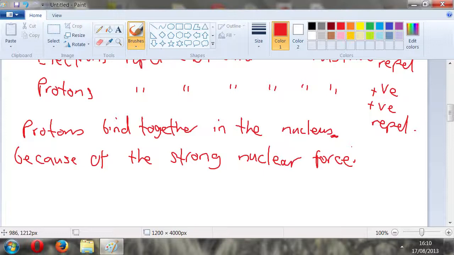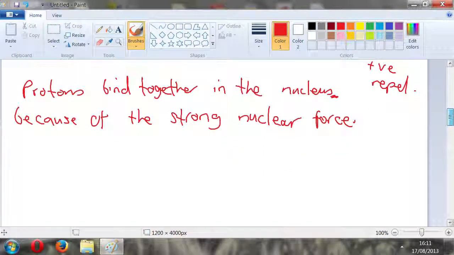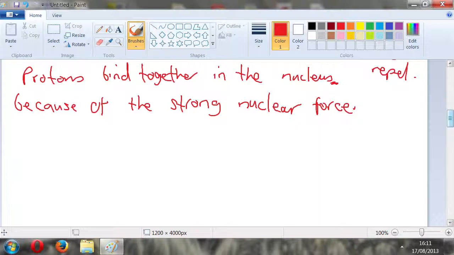But of course, electrons don't have these problems. They're in an atom, but they're a lot freer, floating around. The separation energy required is a lot lower.